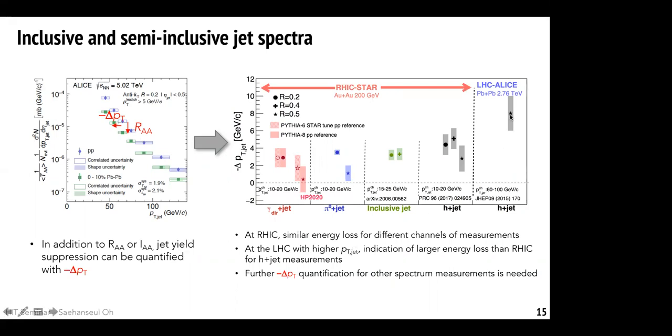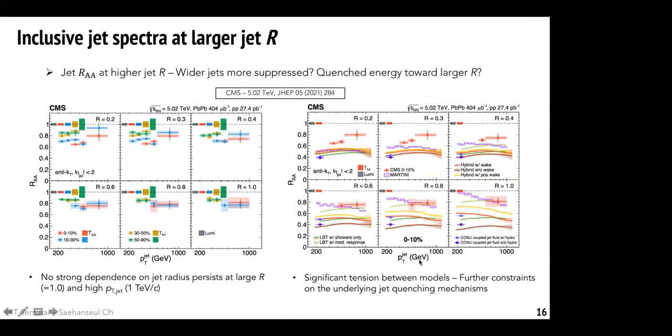But at the LHC, the delta pT is much higher, though you have to note that the jet pT ranges are different from RHIC. It's 60 to 100 GeV, while at RHIC it's 10 to 20 GeV. We can add further bins and quantify other jet spectrum measurements in this plot, and that's probably coming in the future.